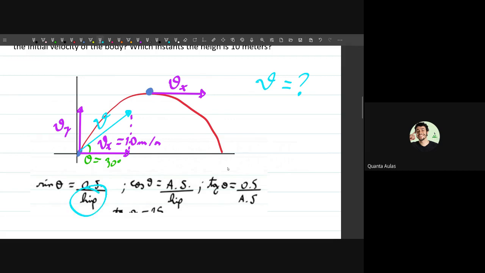So we can solve this with sine or cosine. But what side of the triangle do we have? The opposite side or the adjacent side? We have this value here. Is this the opposite or the adjacent of that angle?